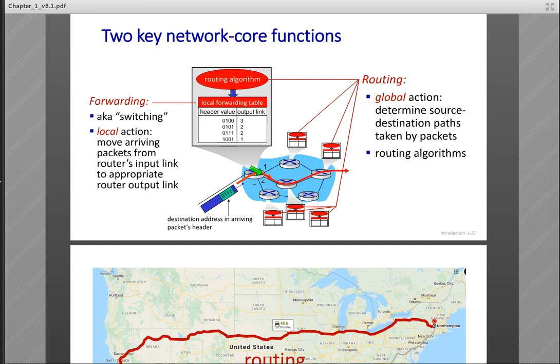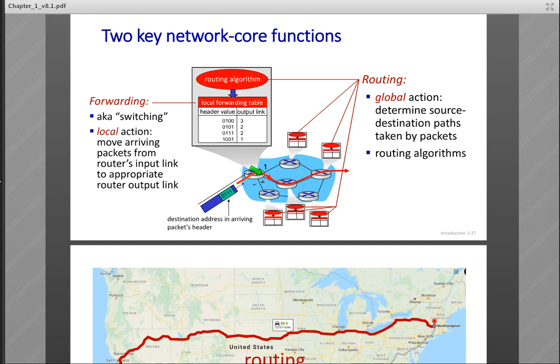So a router firstly should find a route, complete its routing table or forwarding table, and then for each packet, please pay attention, we should repeat this strategy one by one. We look at the destination address and find the output link for that packet.